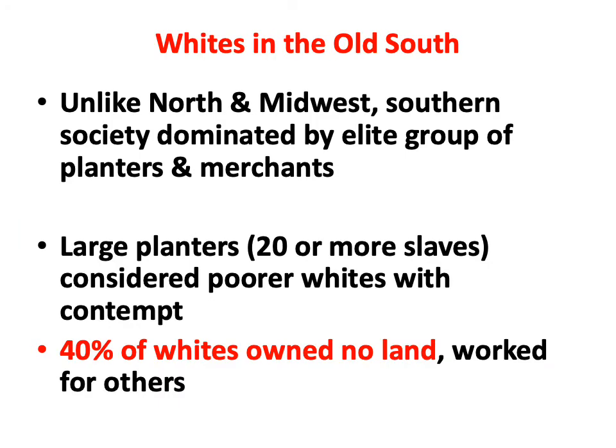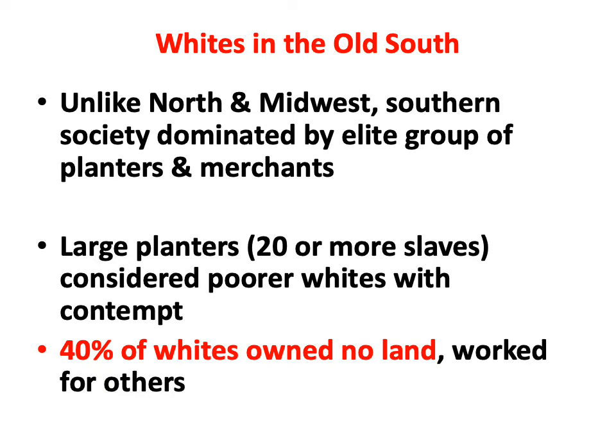Looking briefly at the situation of the whites in the Old South before the Civil War, that's often referred to as the antebellum South. Antebellum in Latin means before the war, so that's pre-Civil War South.